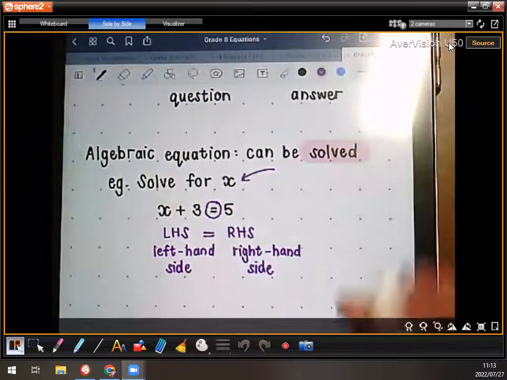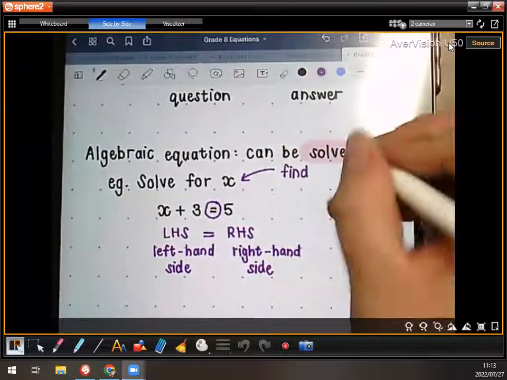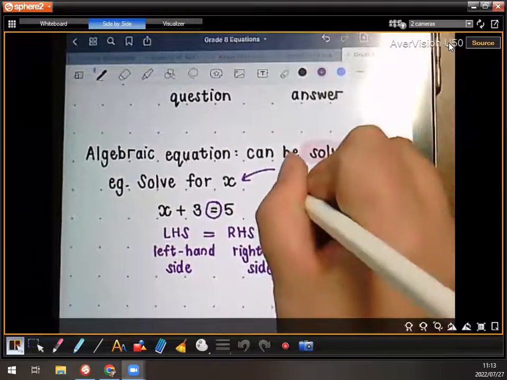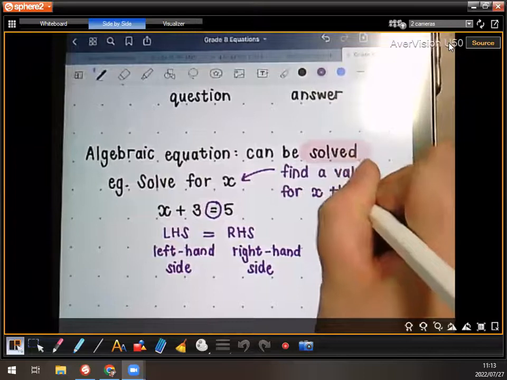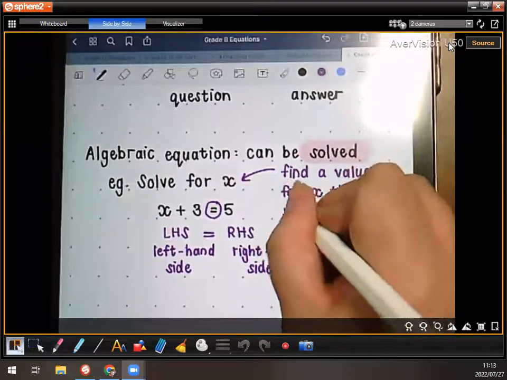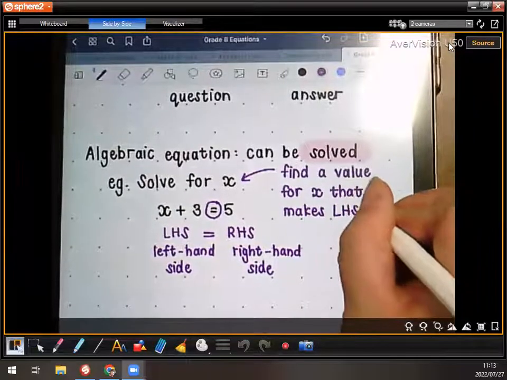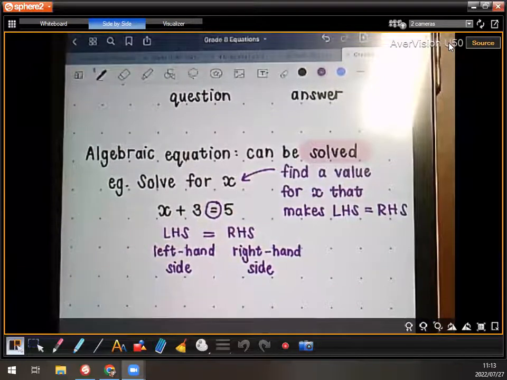That means find or calculate, but I'm just going to write find a value for X that makes the left-hand side equal to the right-hand side. That is what they're actually asking you to do.